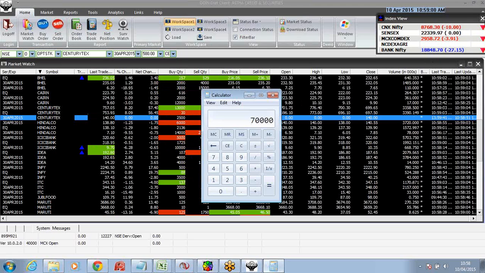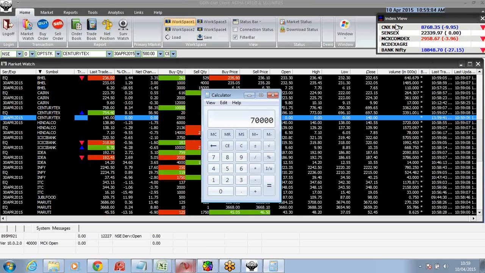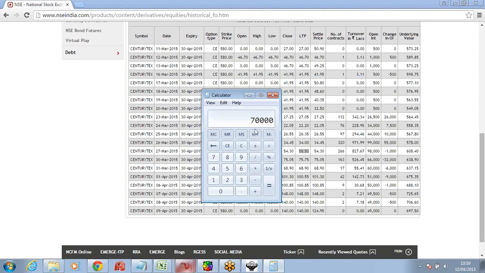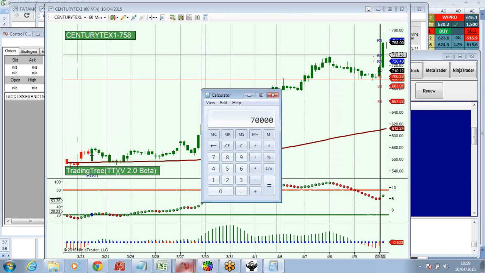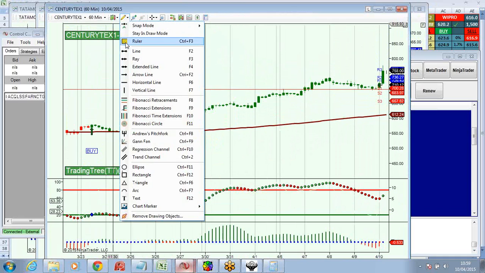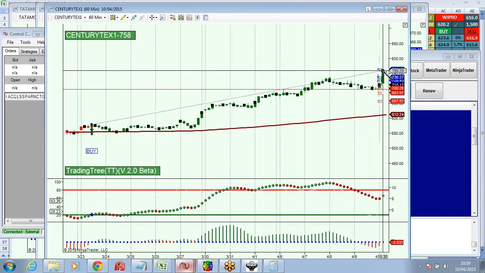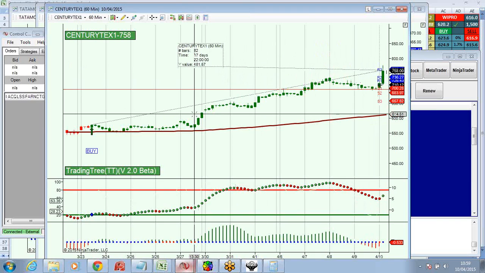You can even exit today. And if you ask me what happened in futures, the futures is around 180 rupees. 180 into 500 is your profit.